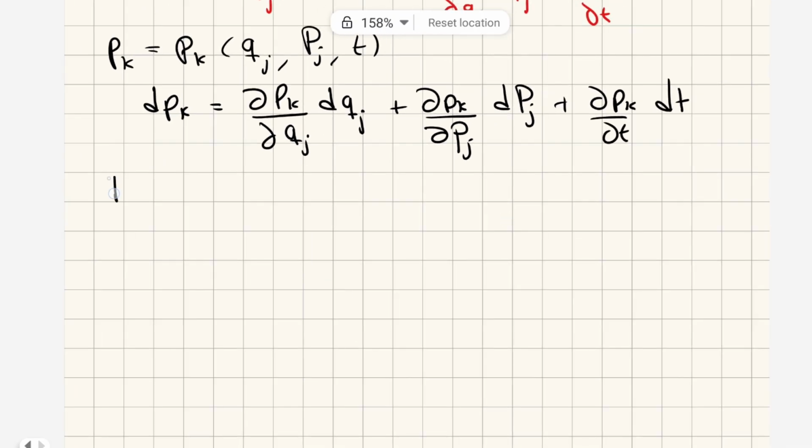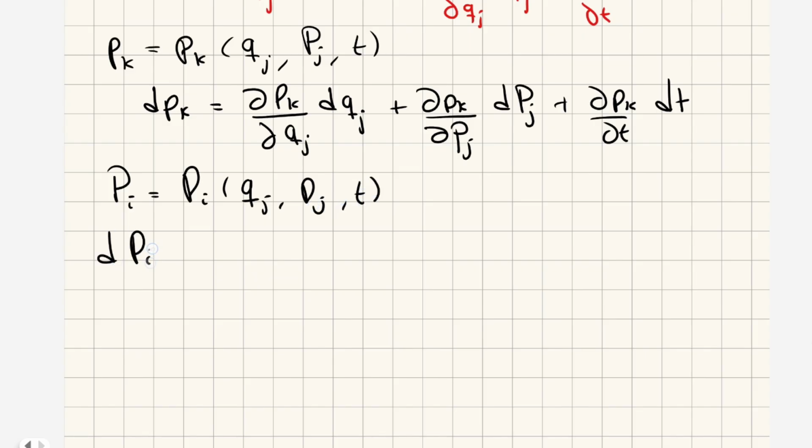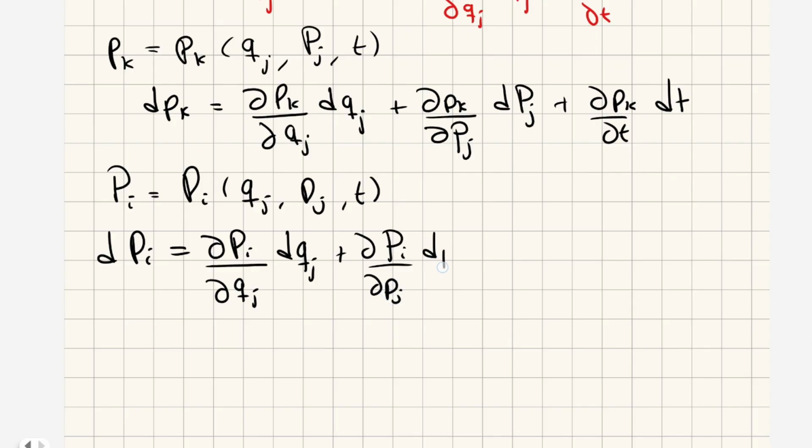So that means that, for example, P_i is a function of q_j, p_j, and the time, meaning that the total differential dP_i is the partial of P_i with respect to q_j, dq_j, plus the partial of P_i with respect to little p_j, dp_j, and then plus the partial of P_i with respect to time, dt.